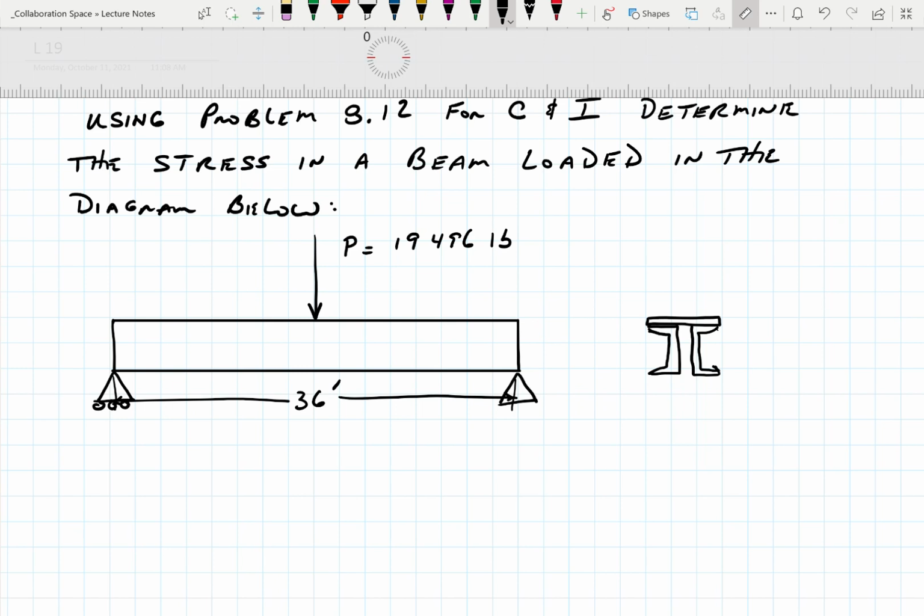Which directions can the reactions be? I got the force pushing down, P. Your reactions have to go vertical for the reaction of that. But because of the reaction type at the one end, what's that lead you to a possibility of having?